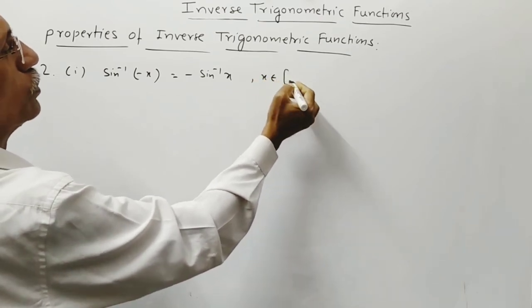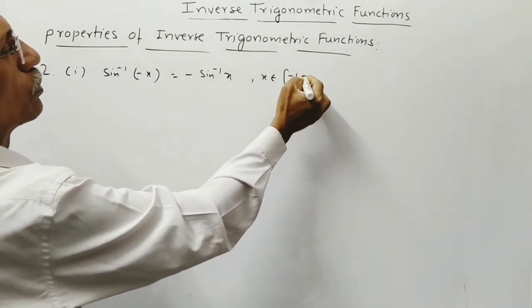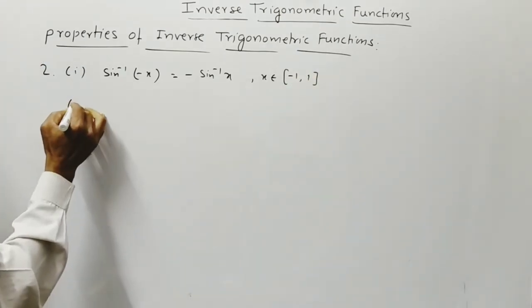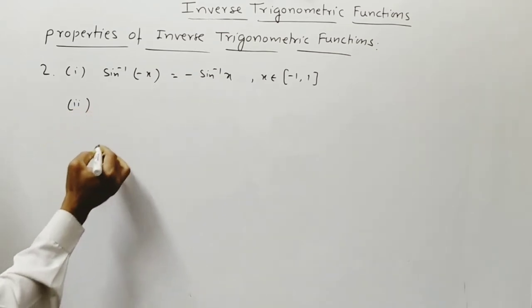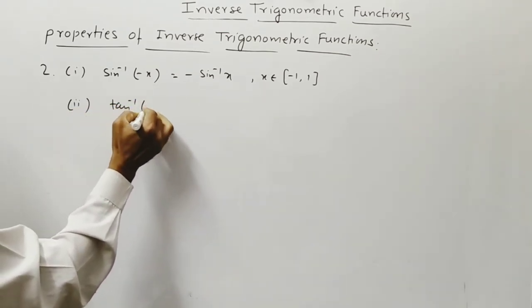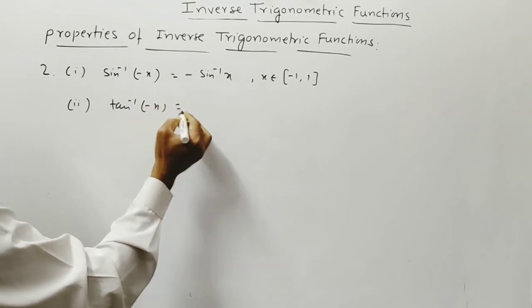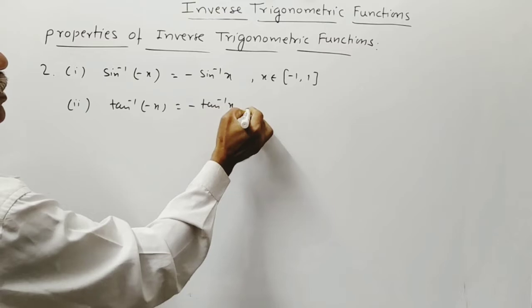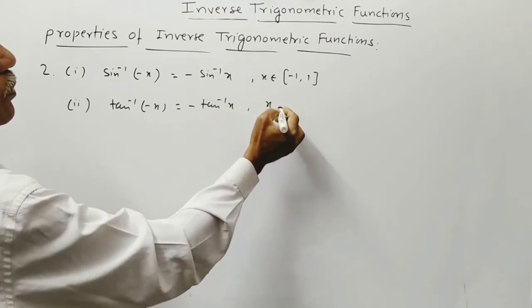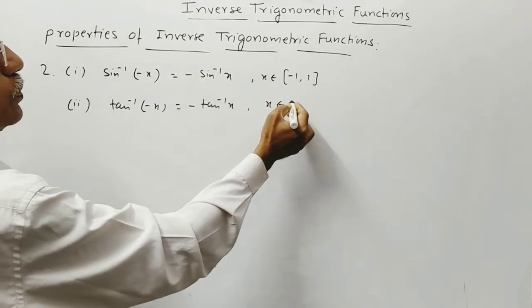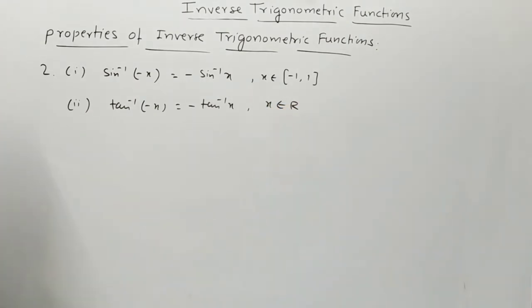X belongs to closed interval minus 1 to 1. Second one, tan inverse of minus x is equal to minus tan inverse of x when x belongs to set of real numbers.